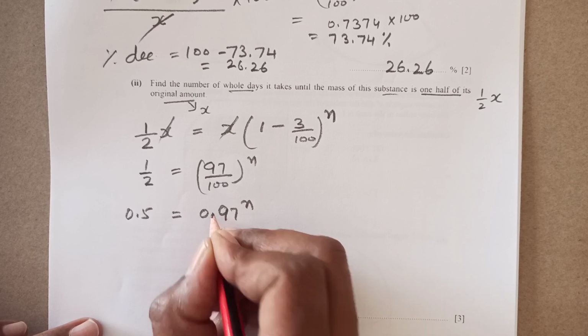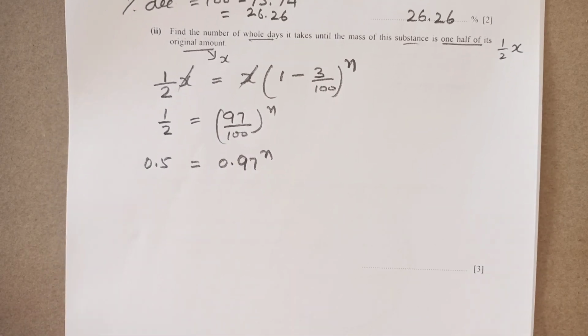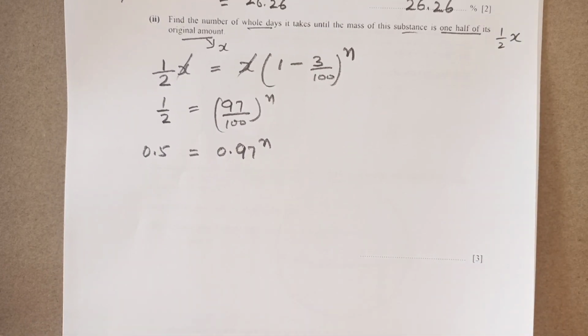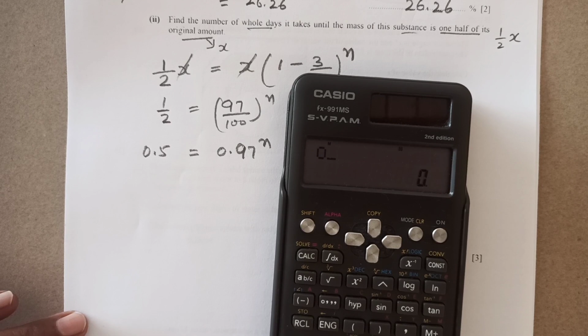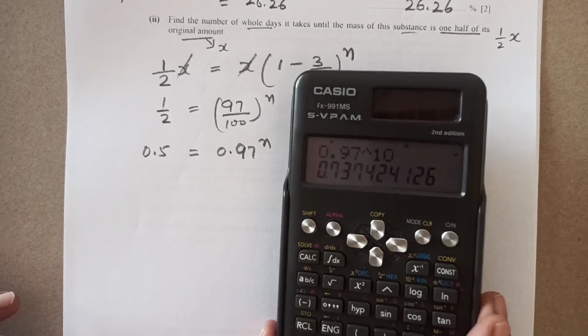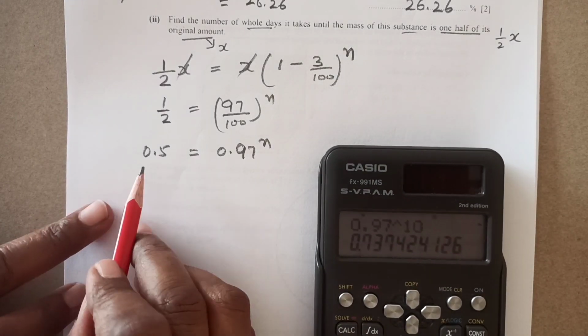Now there are two ways, one is log method, another one is just trial and error method. Because log is not in your syllabus, you have to just use 0.97 to the power, let's say 10, we are getting here 0.73, which is higher than this one.